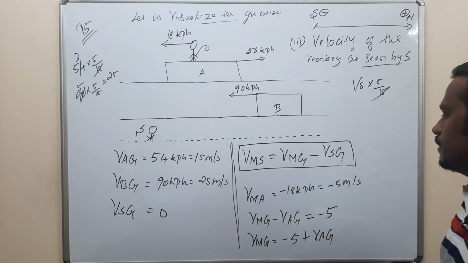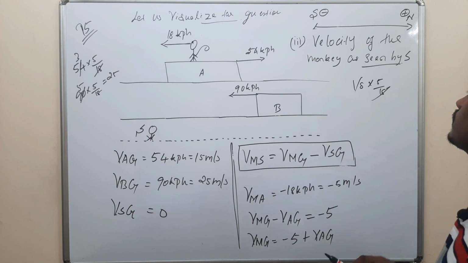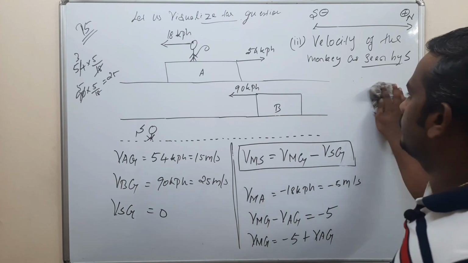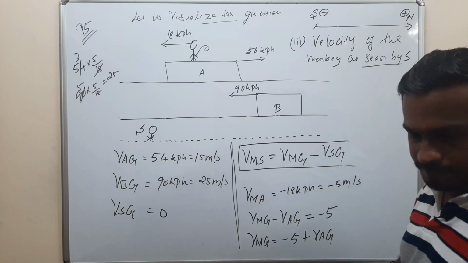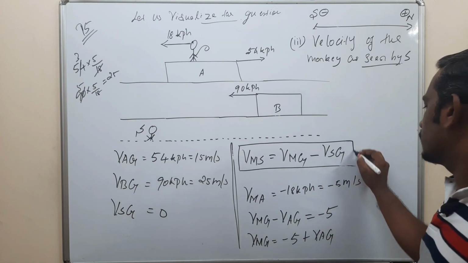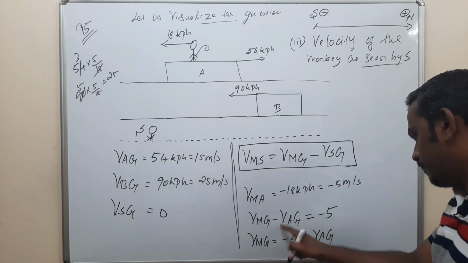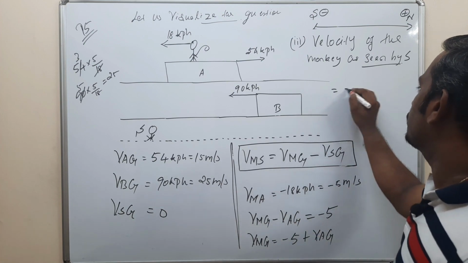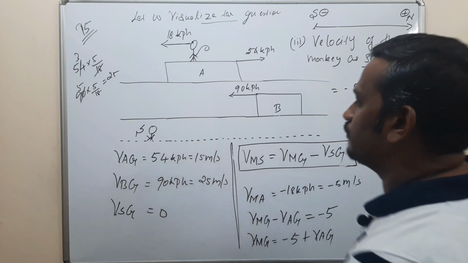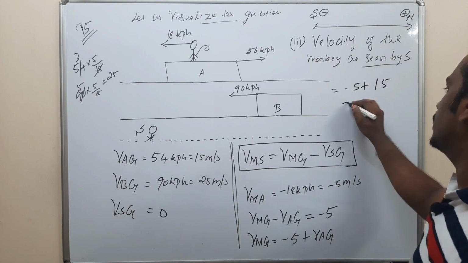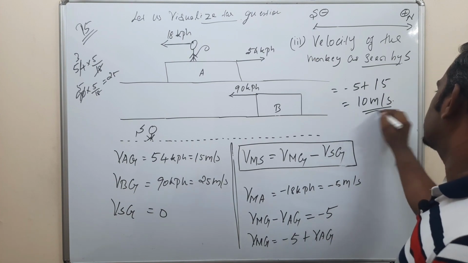VAG, am I right? So VMG is equal to minus 5 plus VAG. What is VAG? That is 15 meters per second. So minus 5 plus 15 is equal to 10 meter per second.